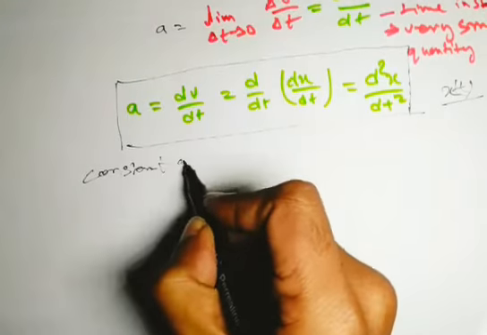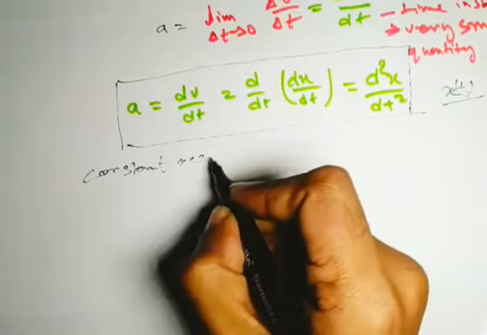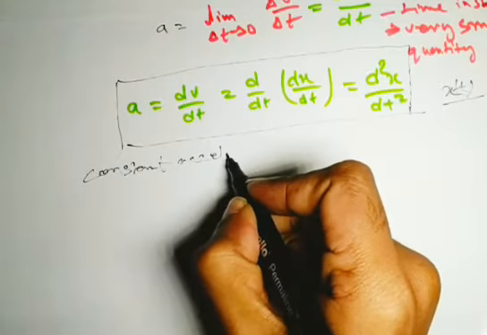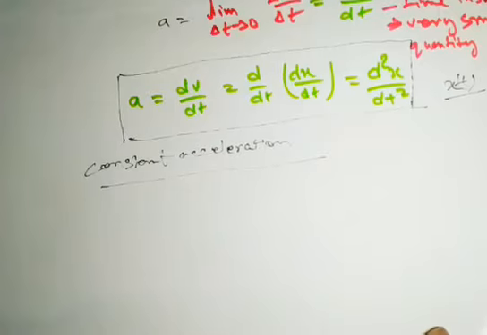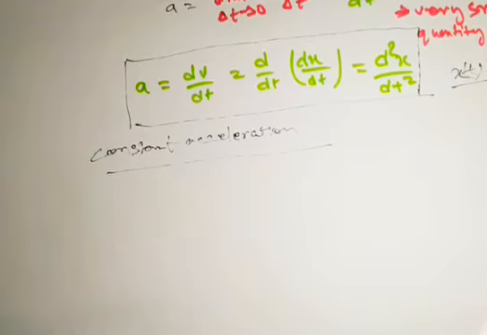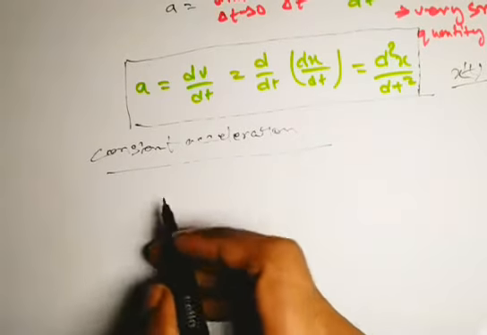Constant acceleration. When the acceleration is constant, the average acceleration and the instantaneous acceleration are equal.